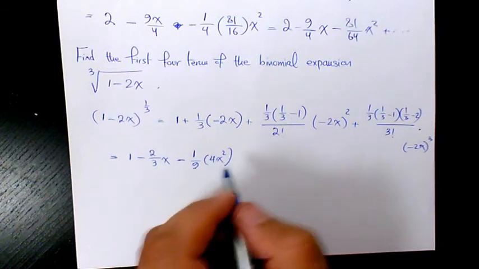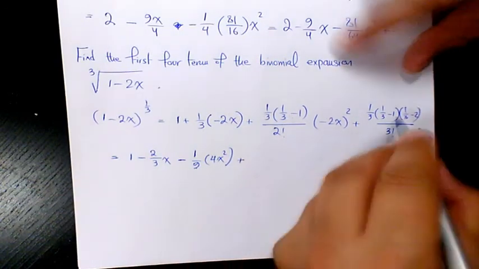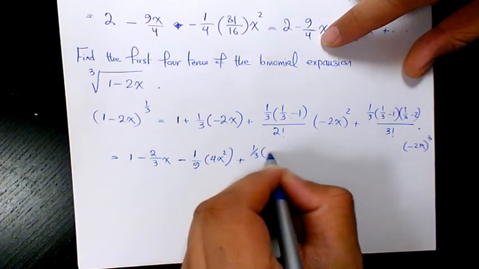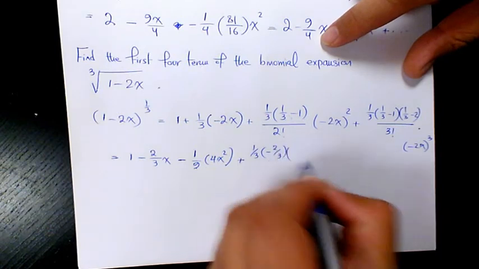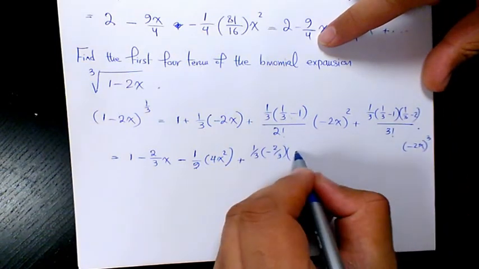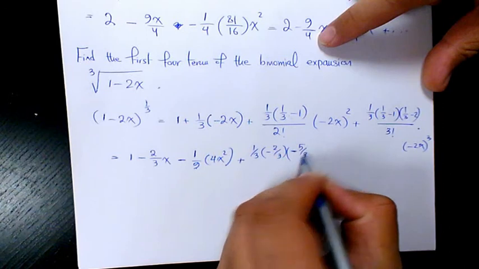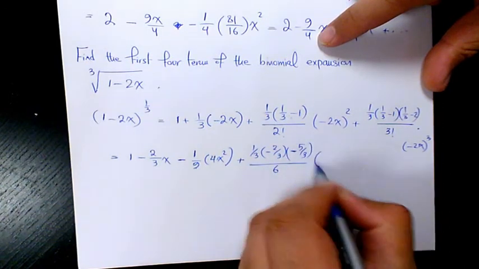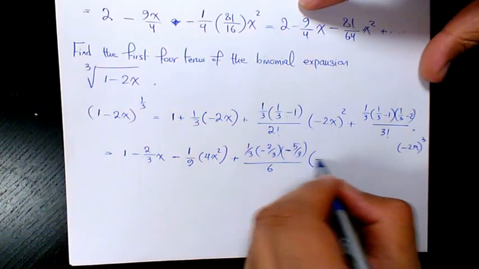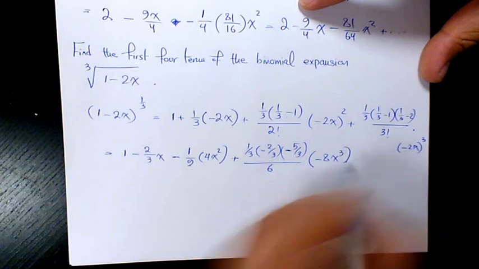And the next one is going to be 1 over 3 times negative 2 over 3 times negative 5 over 3 over 6. And here you have negative 8x to the power of 3.